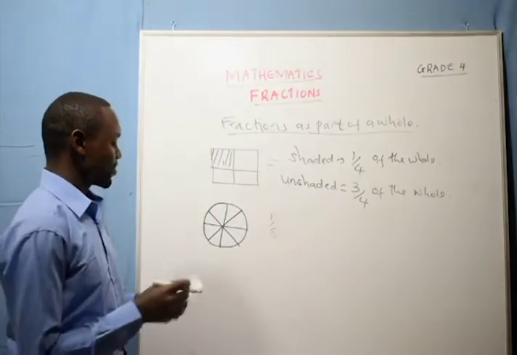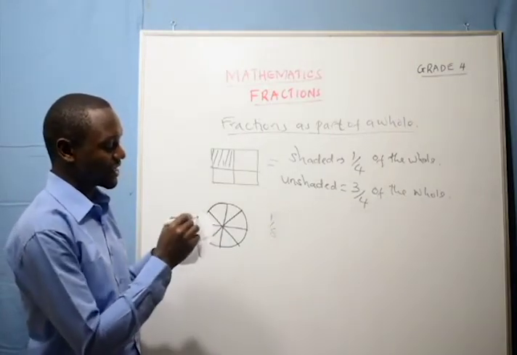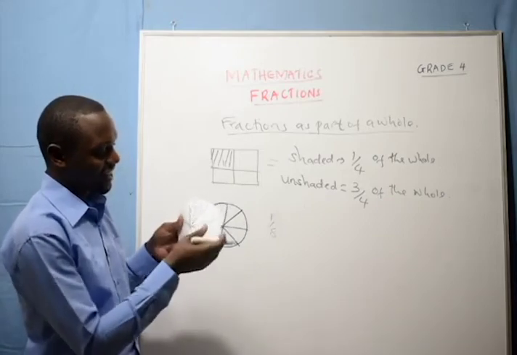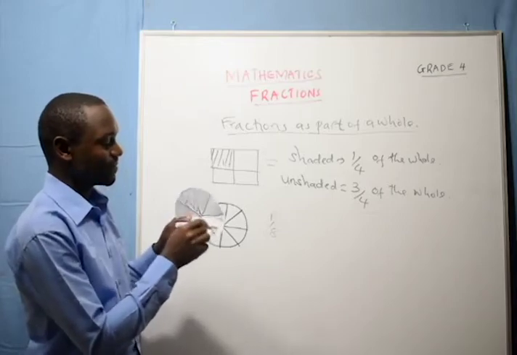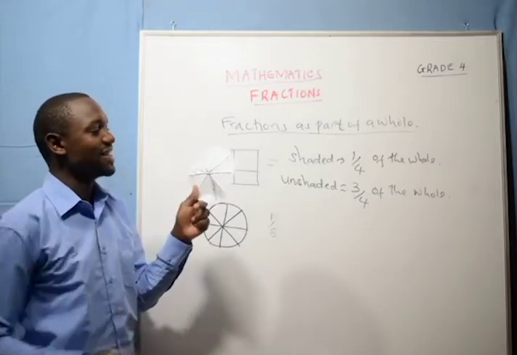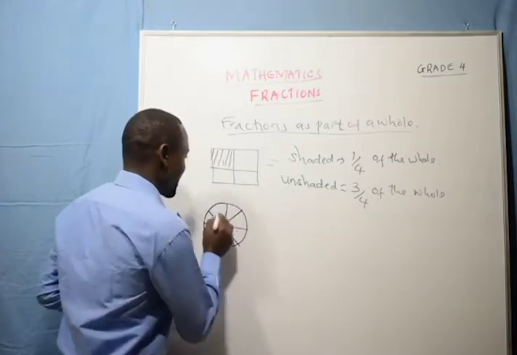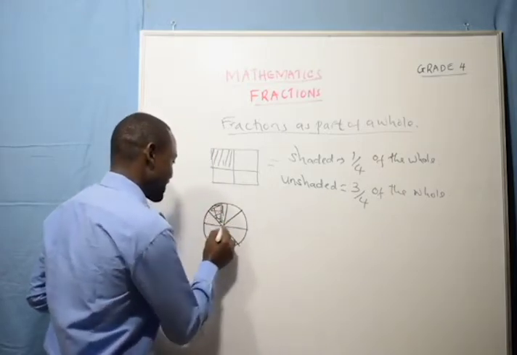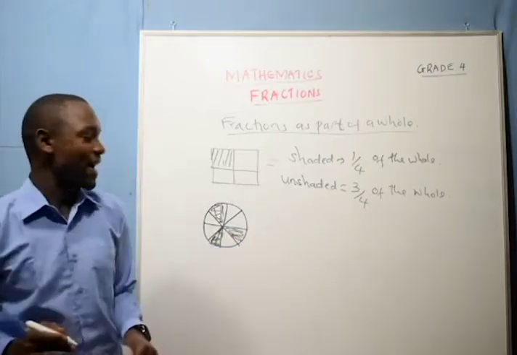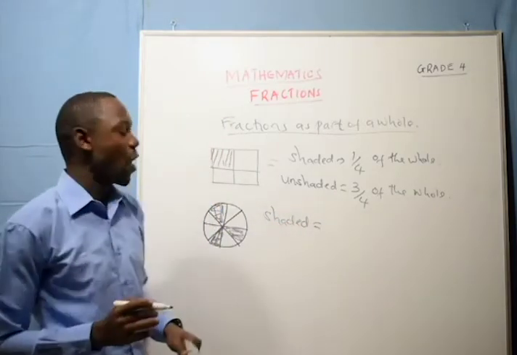So if I decide to shade 3 portions, I shade this portion here, I shade another one here, and I shade another one here. Remember, this is a whole cutout, and I've shaded 3 of the 8 portions. How many portions are shaded?